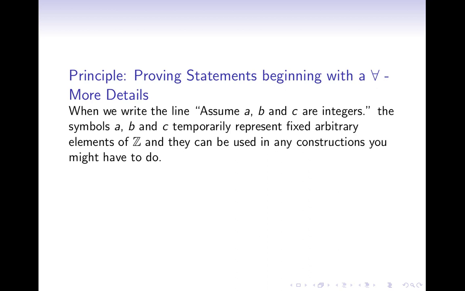When you write the line "assume a, b, and c are integers," then the symbols a, b, and c for the rest of the proof represent fixed arbitrary integers. And you can use those symbols and the fact that they are integers in anything else you have to do in the proof. For example, you might have to construct another integer of a certain type.